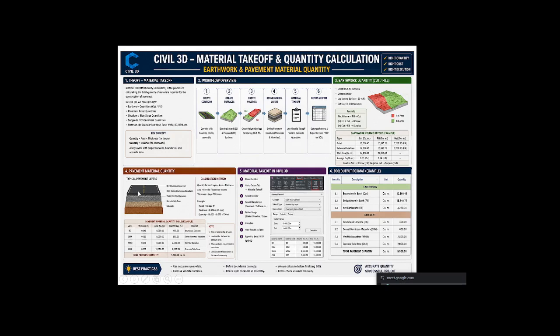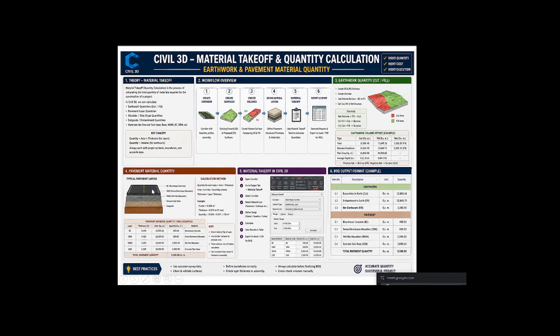Then here is the pavement material quantity. Now you can see the pavement layers here. Each layer has its own thickness, the different layers like BC, DBM, WMM, GSB. The software calculates the quantity of every layer separately.